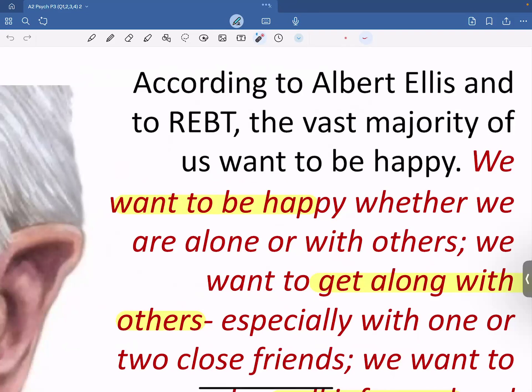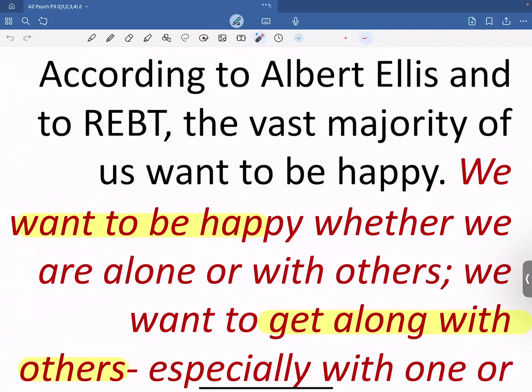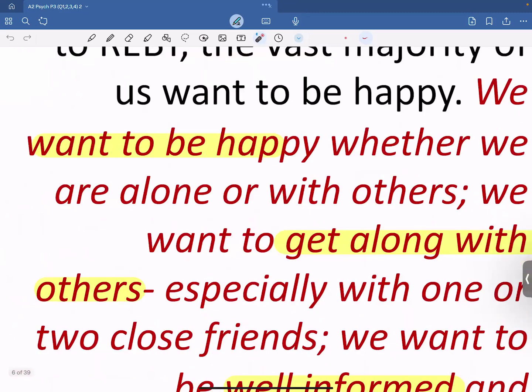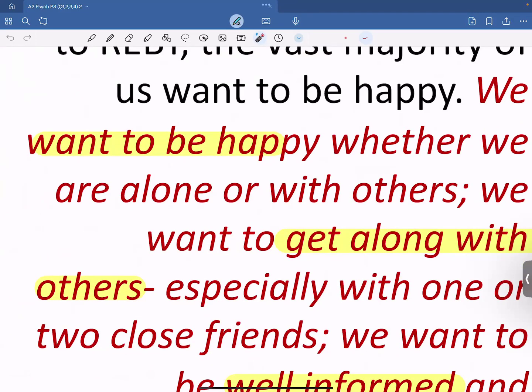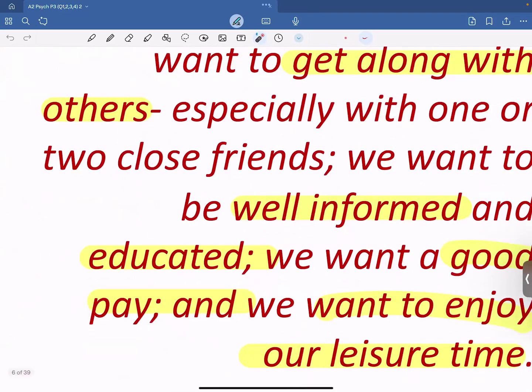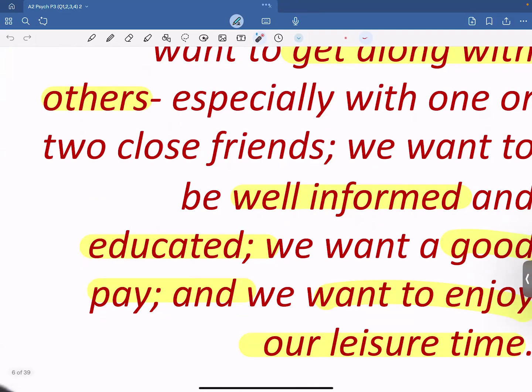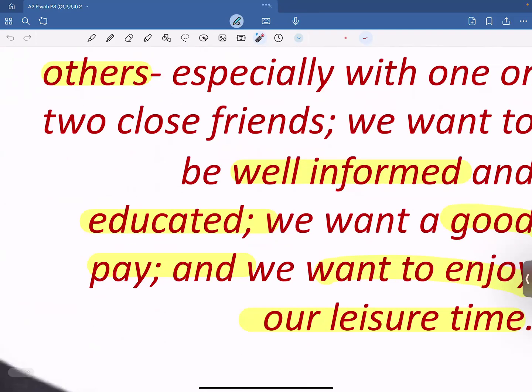We want to be happy whether we're alone or with others. We want to get along with others, especially with one or two close friends. We want to be well informed and educated. We want to have a good pay and we want to enjoy our leisure time. And I don't think there's anything wrong with us wanting all of this.